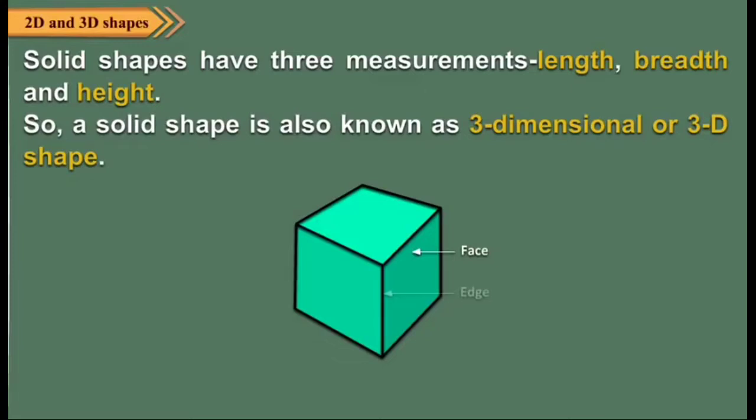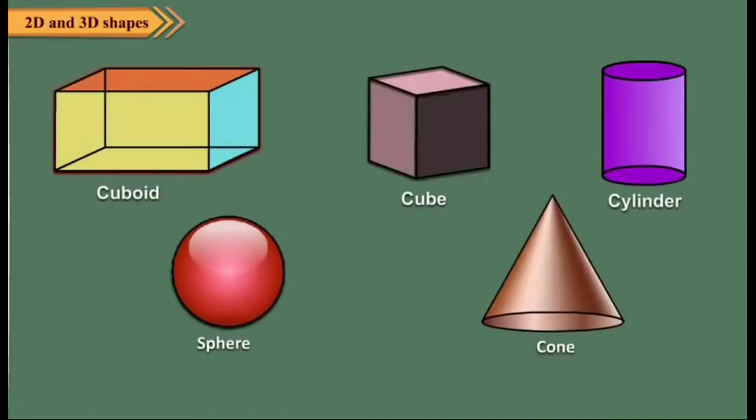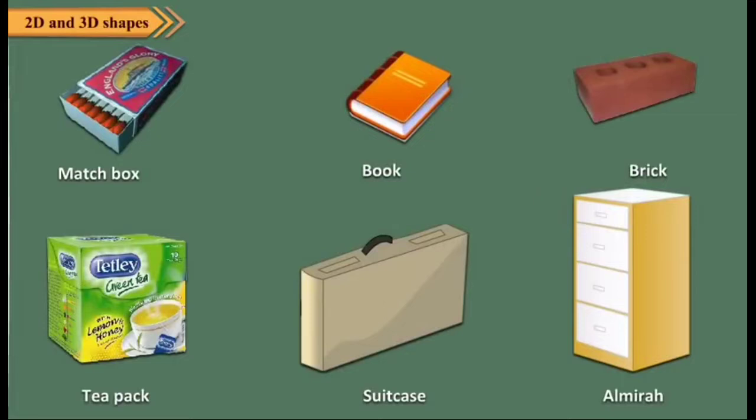Solids have faces, edges and vertices. Some of the shapes of solids are: look at the shapes of objects shown here. All these objects have the shape of a cuboid.